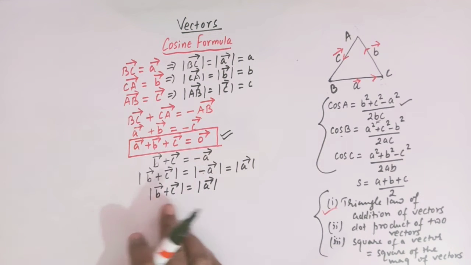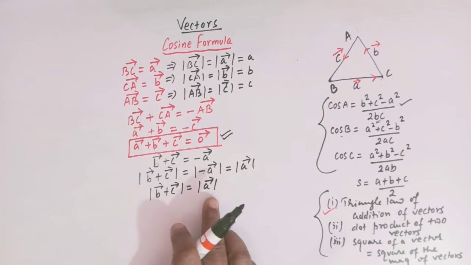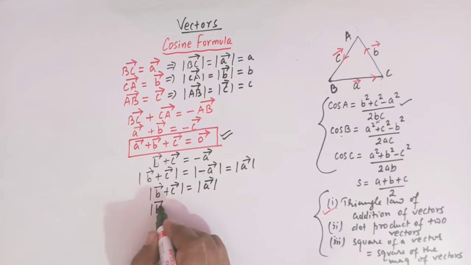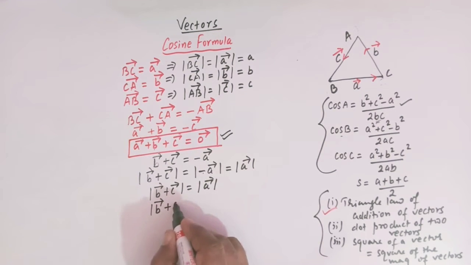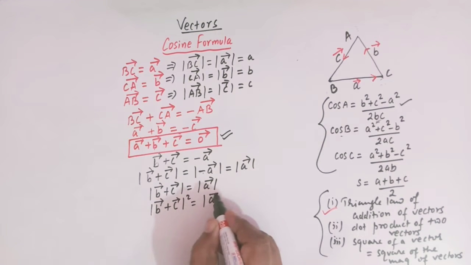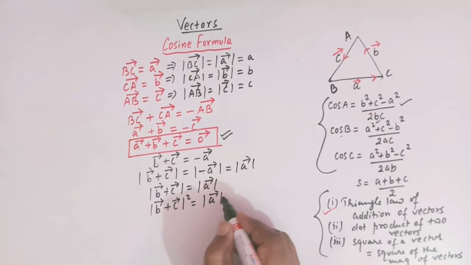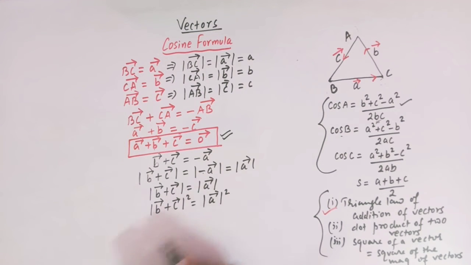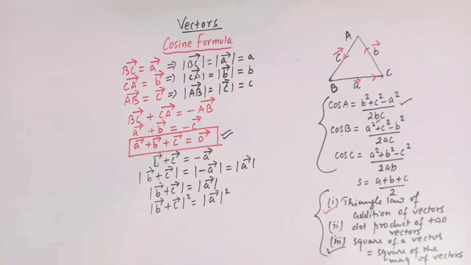Now what we will do here is take the square of both sides. So we get the magnitude of vectors B and C squared, and here we have the square of the magnitude of vector A. Here we'll use the concept that the square of a vector is equal to the square of its magnitude.